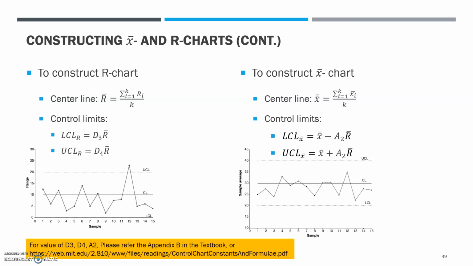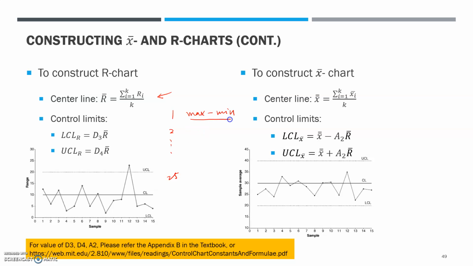Okay, so here is a brief overview of the formulas you will use to construct the X bar and R charts. So again, R bar is the average of all the ranges. So let's say you have 25 different samples, and for each sample you can obtain their range.